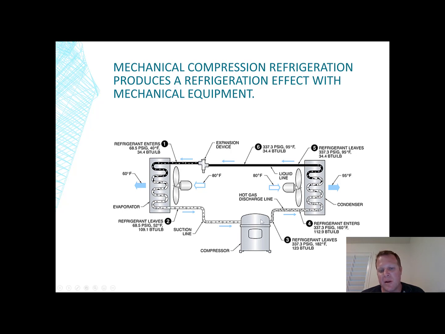Where the gas is compressed, starts to condense into a liquid. As it turns into a liquid, it's releasing some of its heat by a fan blowing air across it. We're getting the liquid back to the expansion device. Liquid is changing back to a vapor. It needs heat in order to change to a vapor, so it pulls the heat out of this air that a fan is moving, and getting back to the compressor.